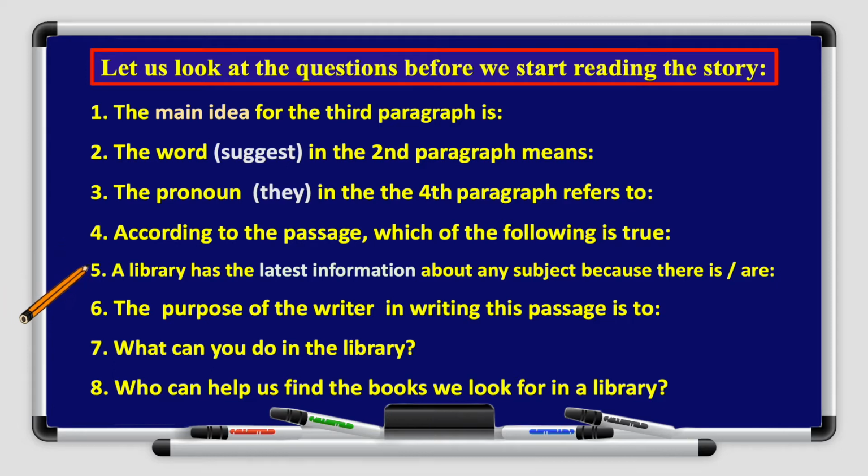A library has the latest information about any subject because there is or are. Number 6, the purpose of the writer in writing this passage is what exactly? Number 7, what can you do in the library? And 8, who can help us find the books we look for in a library?